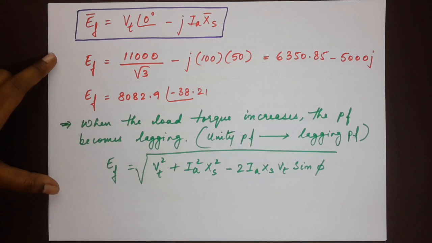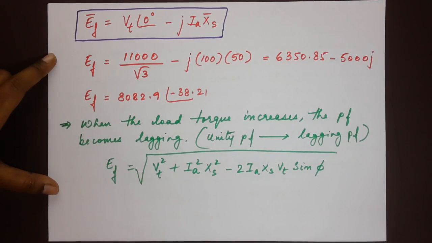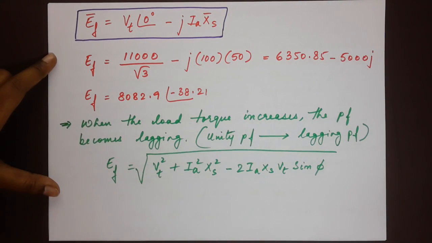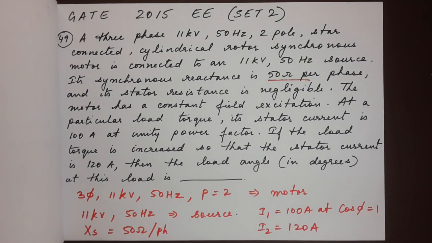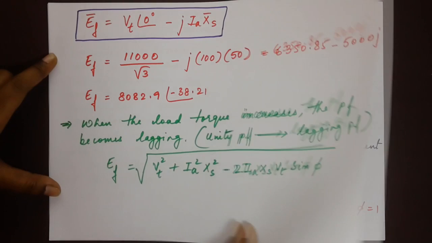This is an important equation where the field excitation, in order for the power factor to be lagging, is taken into consideration. Now the question says that the load torque has increased, but it doesn't say anything about the excitation. So the excitation is constant. If you see the statement here, right in the center, the motor has a constant field excitation.